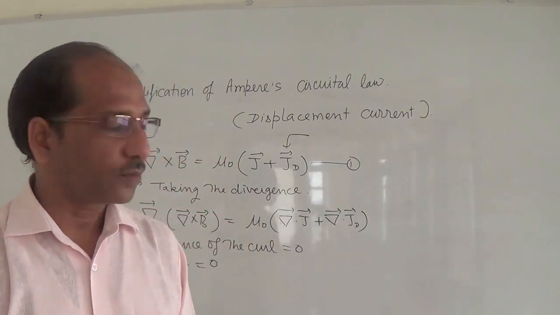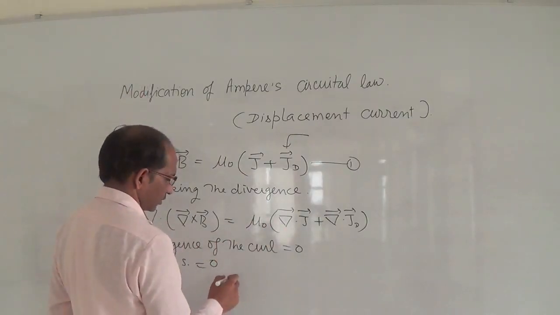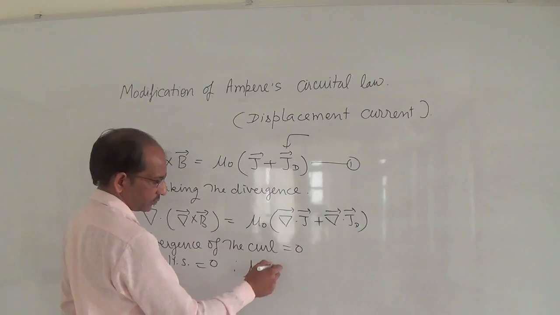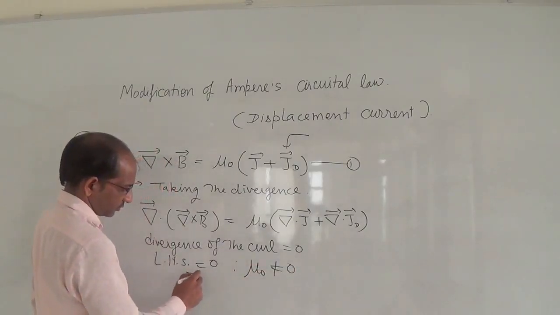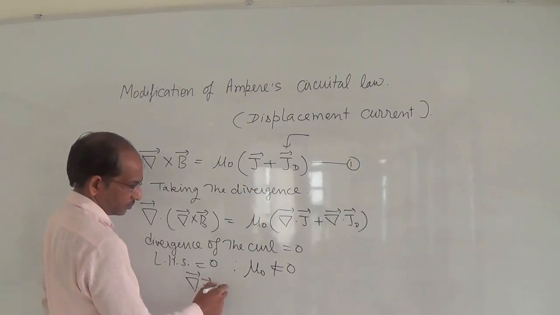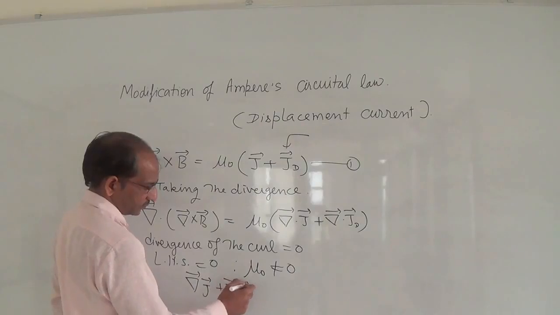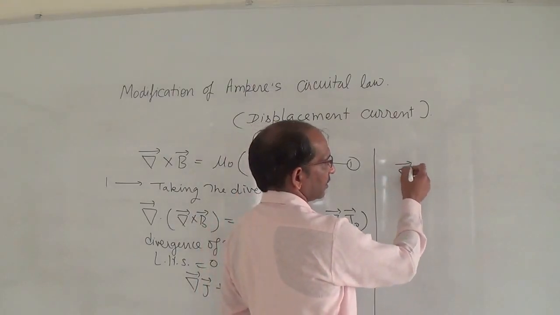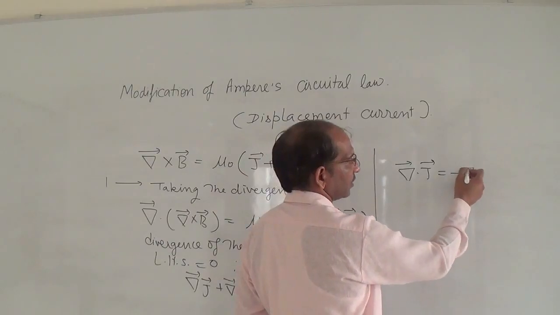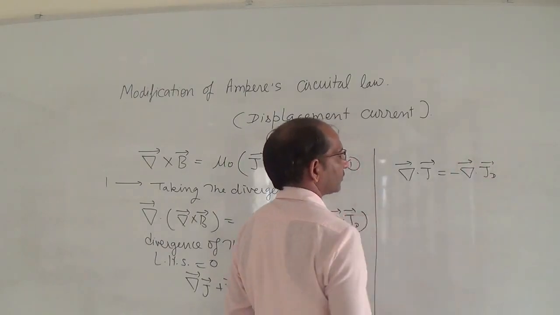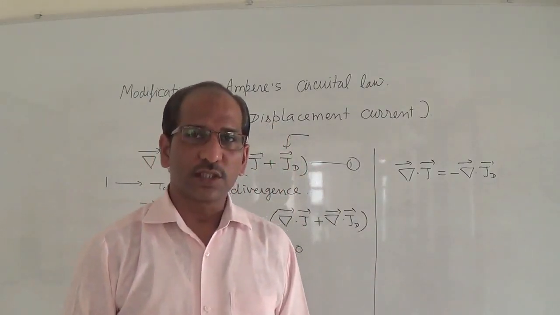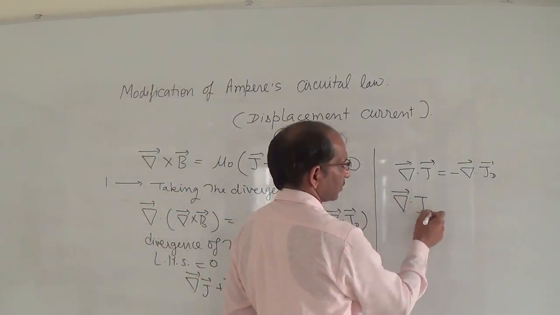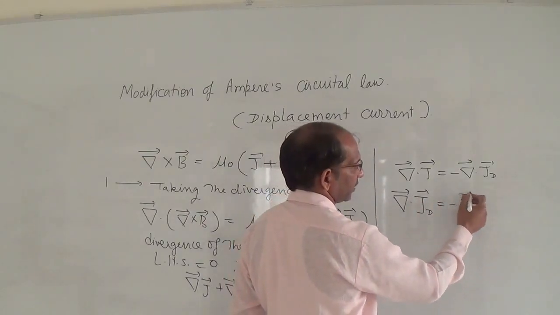Mu naught cannot be 0, so del dot J plus del dot JD is equal to 0, and hence the result can be written as del dot J is equal to minus del dot JD, or just rearranging the term, I am writing del dot JD on the left hand side is equal to minus del dot J.